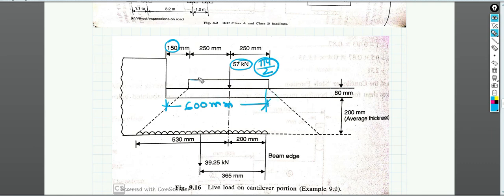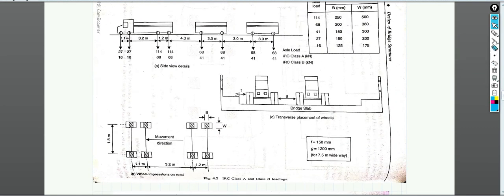Now let's look into the dimensions of the wheels, that is, the standard dimensions. You can see here the contact area, which is represented by B and W. The bridge will be somewhere here, something like this. This is the bridge, so the car is moving over here.